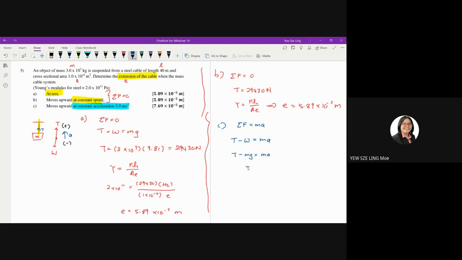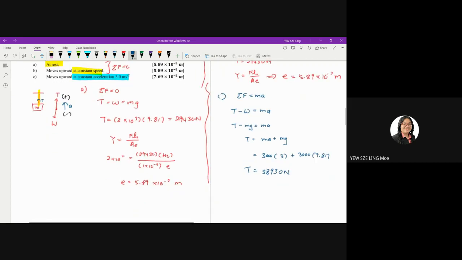And therefore, T is equal to ma plus mg. So this is how you calculate the tension in question C. It is then equal to 3000 times 3 plus 3000 times 9.81. Therefore, T is then equal to 38930 Newton.